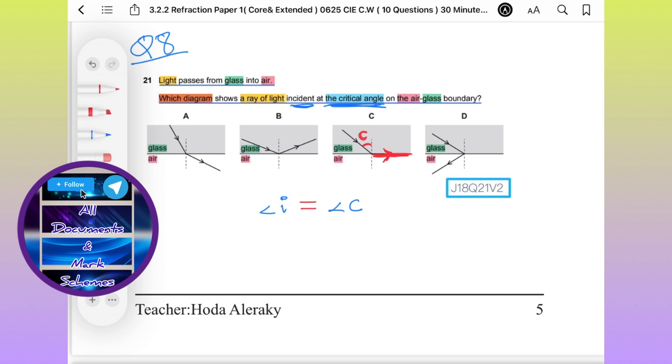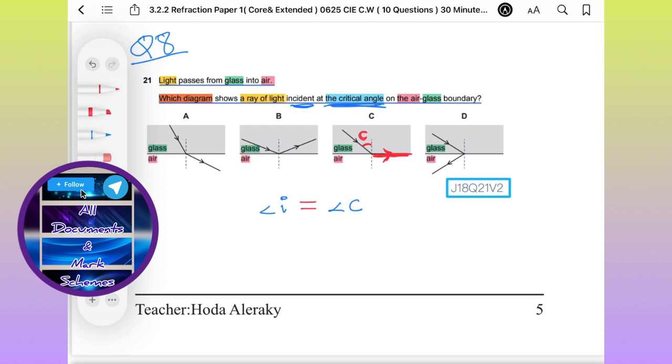It's also a good chance to revise the definition of critical angle. Simply, if you understand, you can express it in your own words, just use scientific terms and correct terminology, okay? What is the critical angle? It's an angle of incidence. As you see in the diagram, it's an angle of incidence, and you can find the location of this angle in the denser medium.